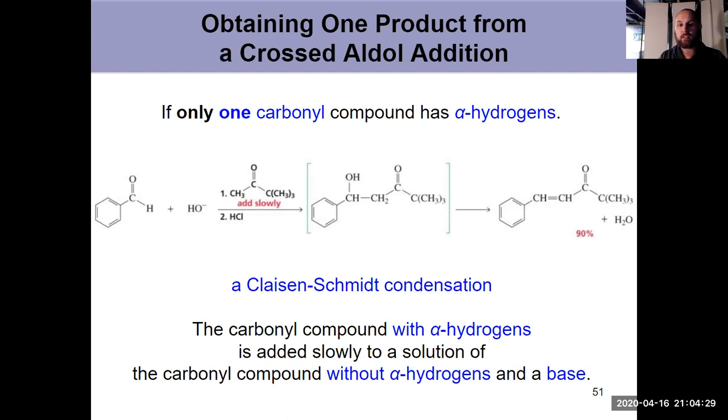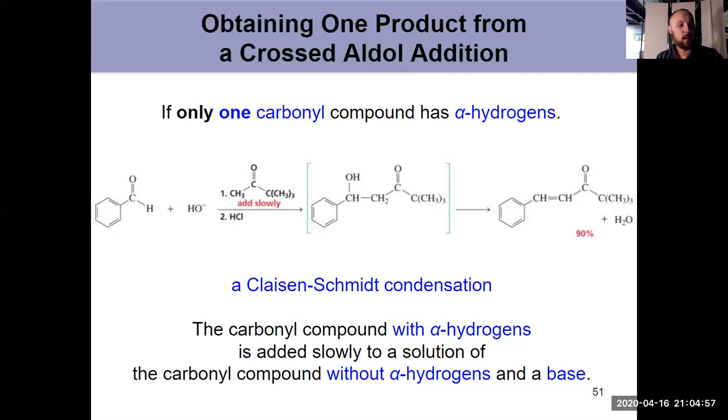Because if you don't have alpha hydrogens on your carbonyl, you can't deprotonate it to form an enolate ion. So that cuts your possible products down from 4 to 2. And that type of reaction, a crossed aldol addition where one of your carbonyls does not have alpha hydrogens, is called a Claisen-Schmidt condensation, another named reaction.